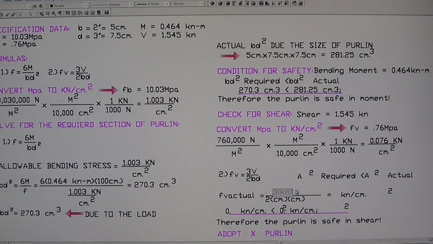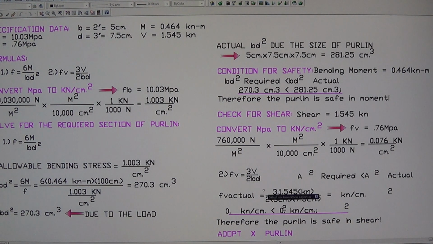Therefore we substitute the value of the shear right here, 1.545 kilonewton, and the size of our purlin is 5 centimeter by 7.5 centimeter. The actual shear capacity of the purlin.